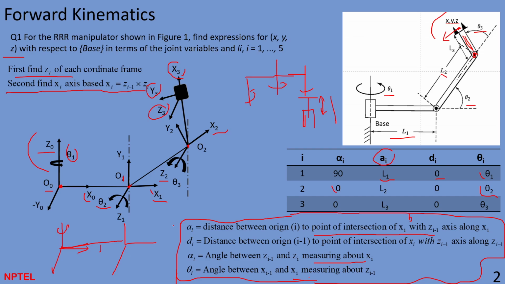Coming to the last point, you will again see that Z2 and Z3 are the same, so alpha is 0, there is no angular difference.